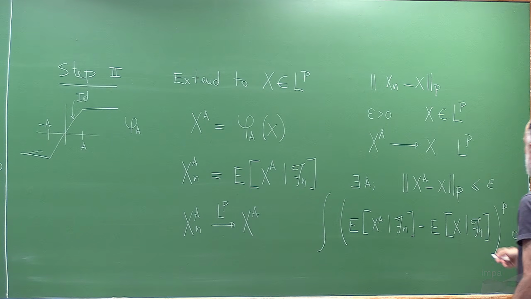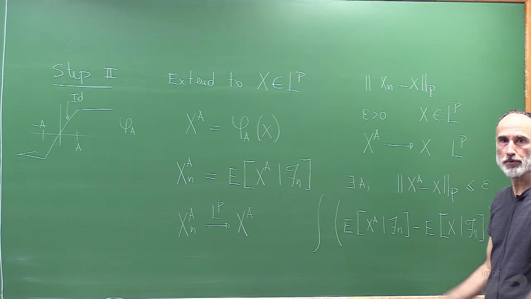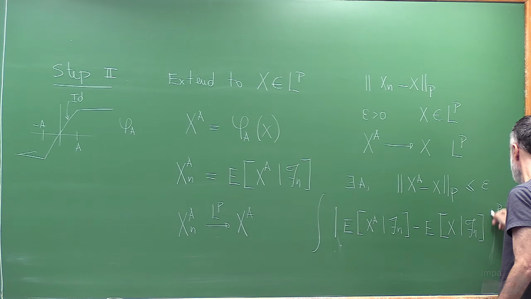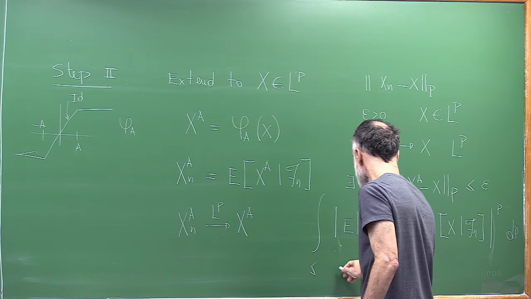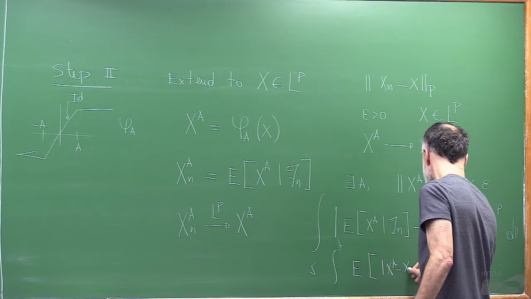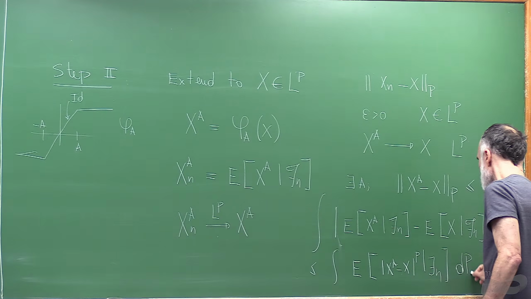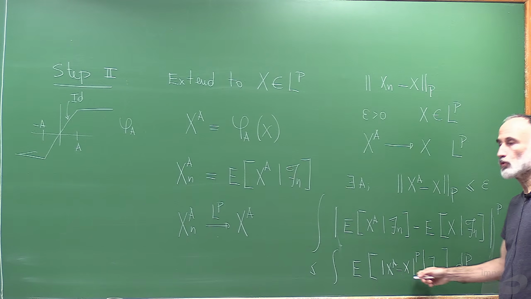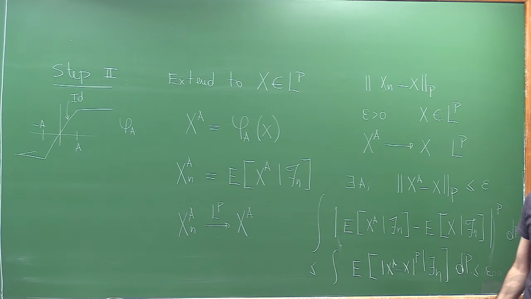By the linearity of the conditional expectation, I can write that as the conditional expectation of xa minus x given Fn, and then use the Holder inequality for the conditional expectation to say that this is less or equal to the expectation of xa minus x to the power p, which is bounded by epsilon if a is a0 or larger.